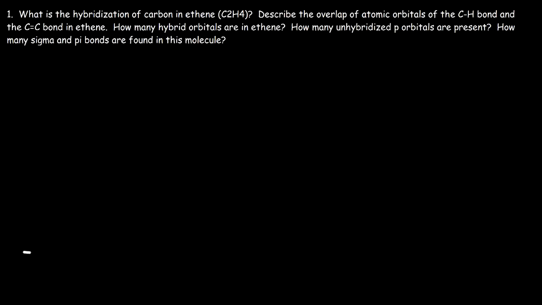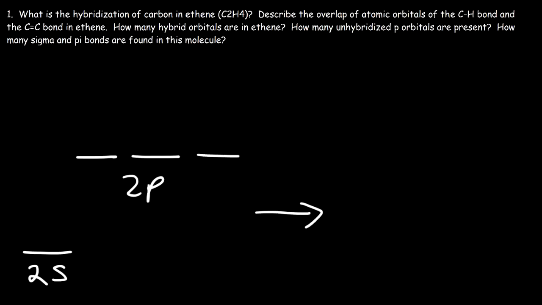So let's create a visual illustration of what we're talking about here. During hybridization, we're going to mix an s orbital with 2 p orbitals, and that will give us 3 hybridized sp2 orbitals.